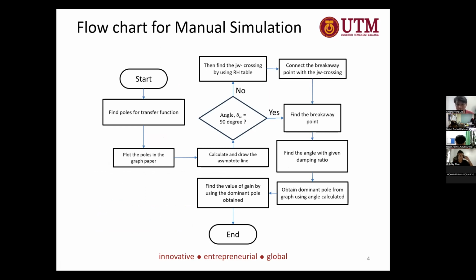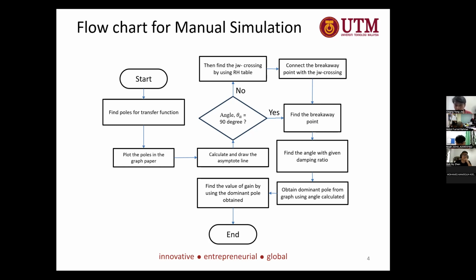I will explain the flowchart of how I do the manual calculation and also the simulation steps. First of all, I find the poles of the transfer function, and then I plot them on graph paper. I calculate and draw the asymptote lines to see whether there is a y-intercept. If the asymptote line is not 90 degrees, I proceed to calculate the jω crossing by using the RH table and connect the breakaway point with the jω crossing.